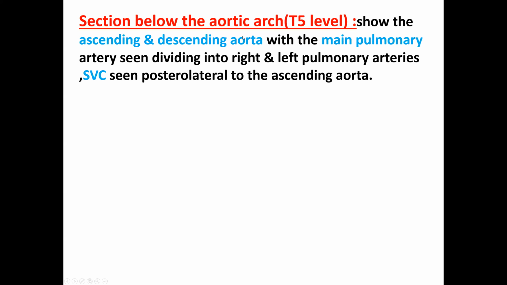Section below the aortic arch, T5 level, shows the ascending and descending aorta with the main pulmonary artery seen dividing into right and left pulmonary arteries.